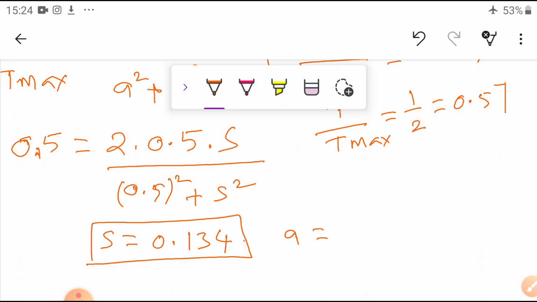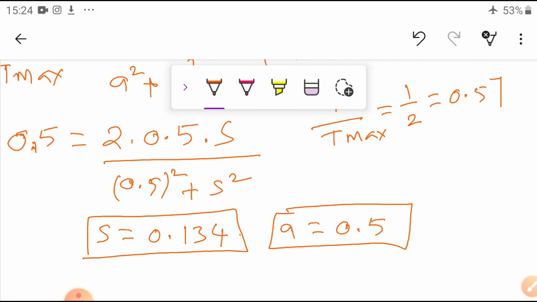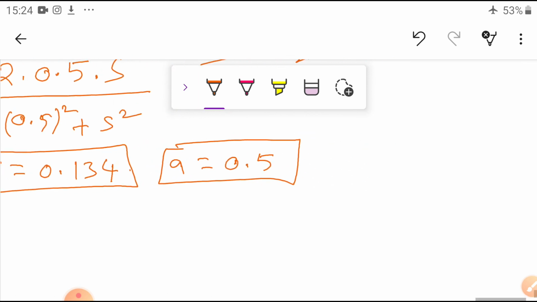A value is known, what is the A value? You got it. Previously we got 0.5, so that is equal to 0.5 we got. We know that from this one we are going to calculate the maximum slip, which is equal to A, that is R2 by X2.